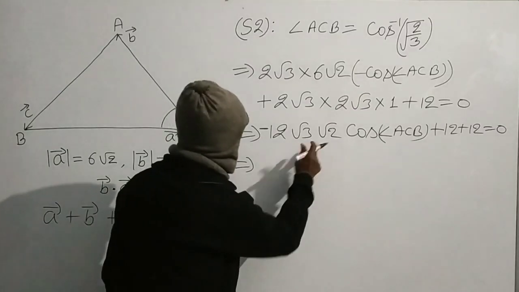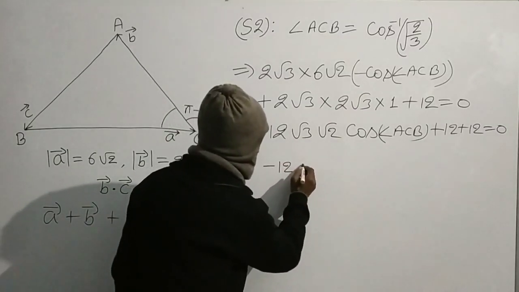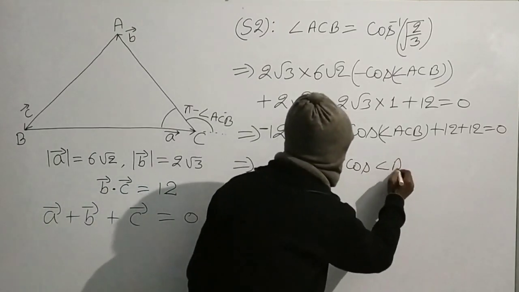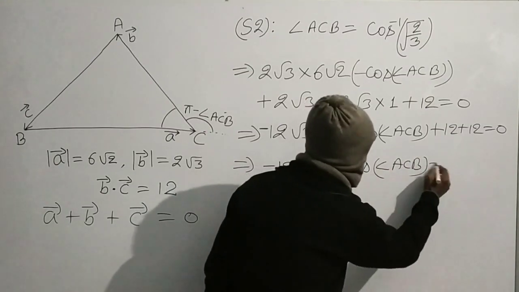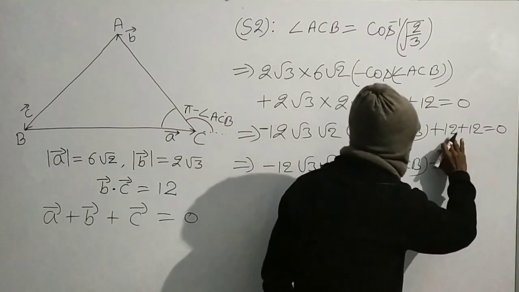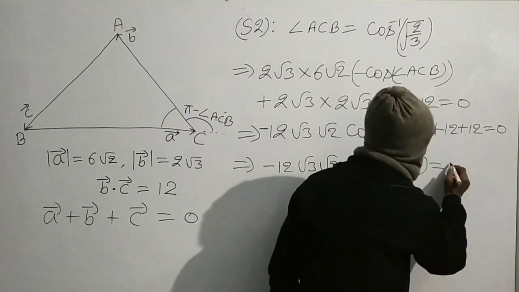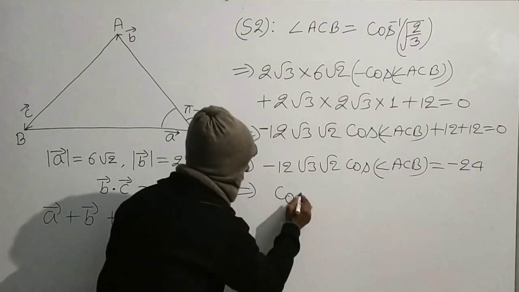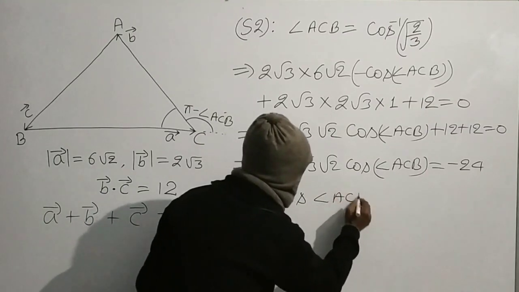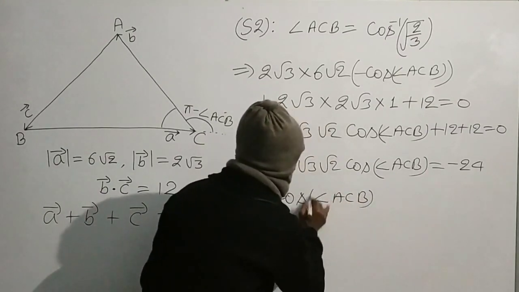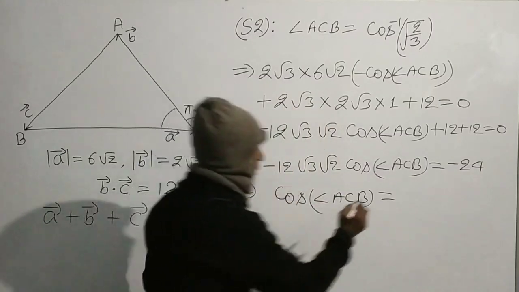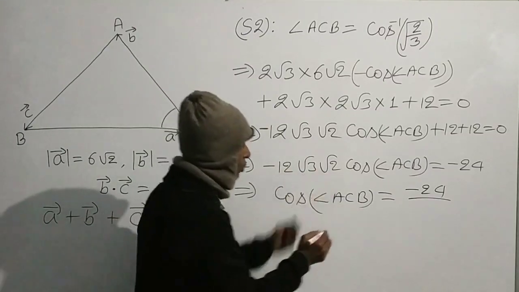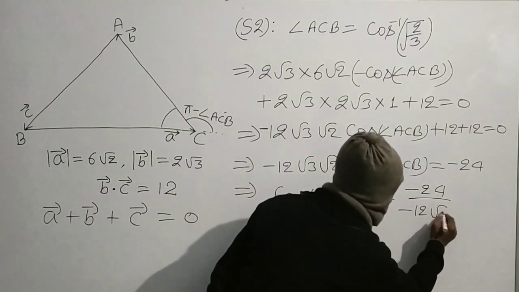This implies minus 12 root 3 root 2 cos angle ACB is equal to, shift this 12 on the right hand side, then this becomes minus 24. This implies cos angle ACB is equal to minus 24 divided by minus 12 root 3 root 2.